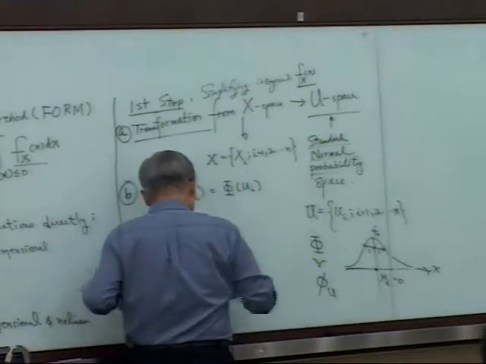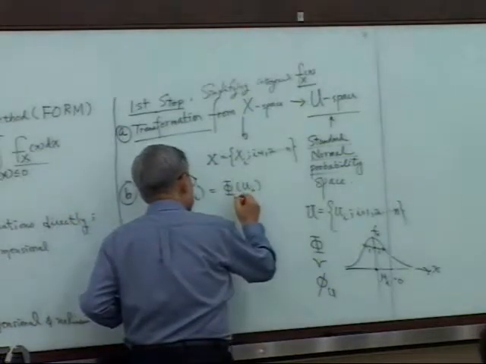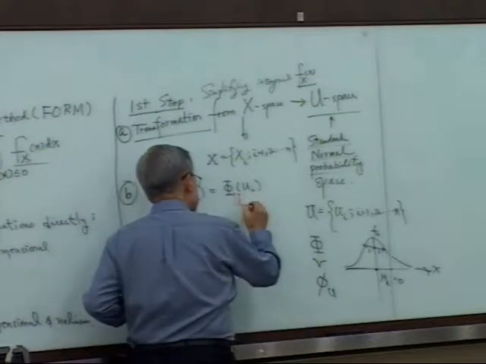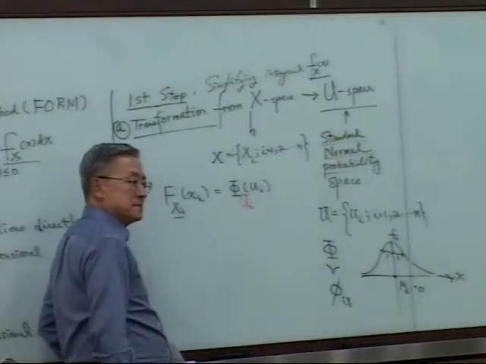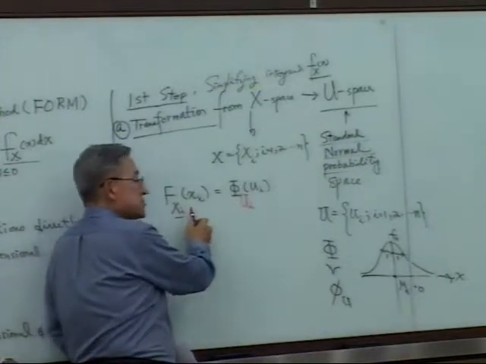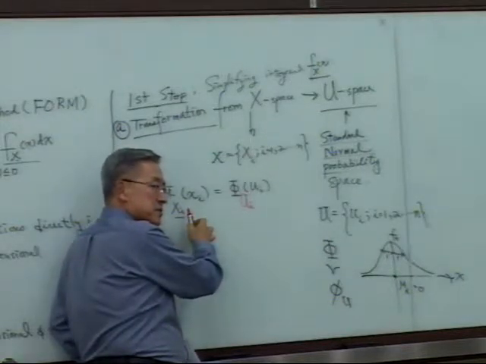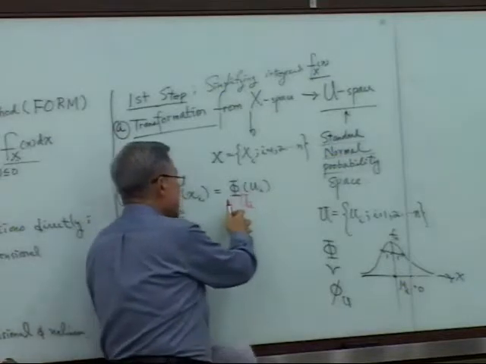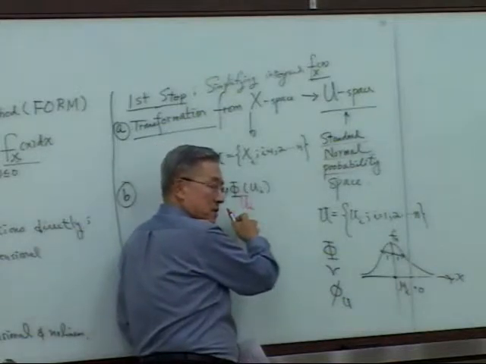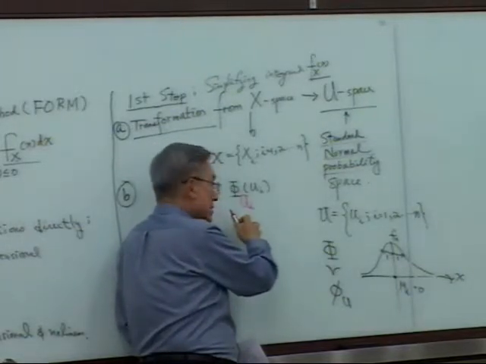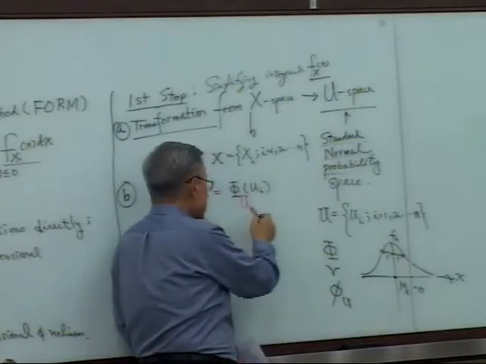If I write the random variable here, it should be ui. The probability distribution function in the X space is equal to the transform into the standard normal probability space, which is the U space.